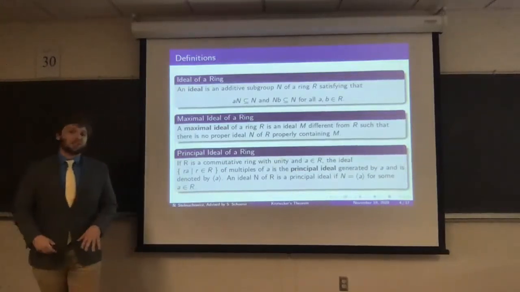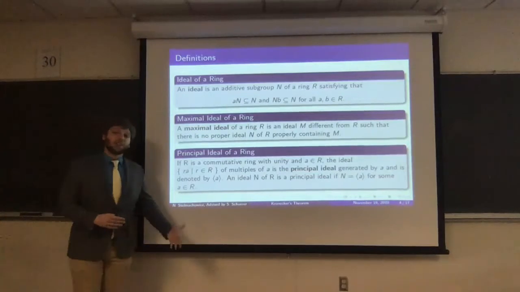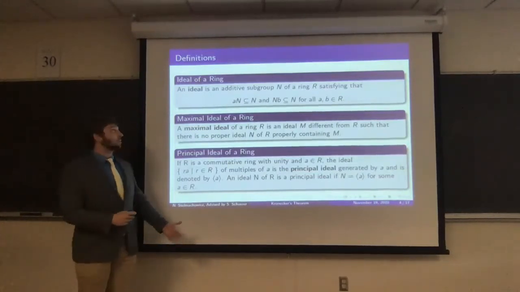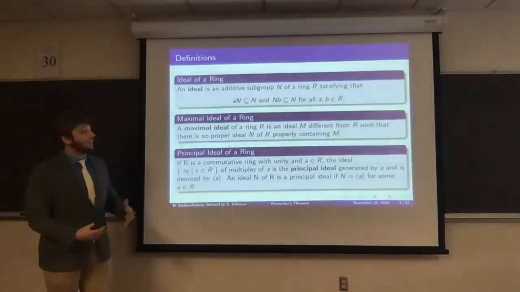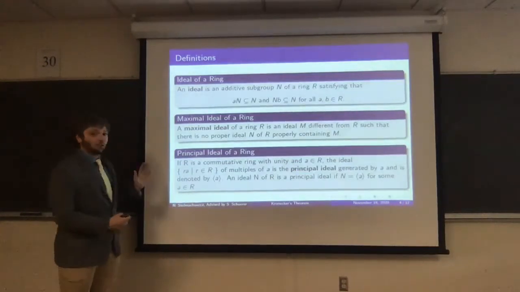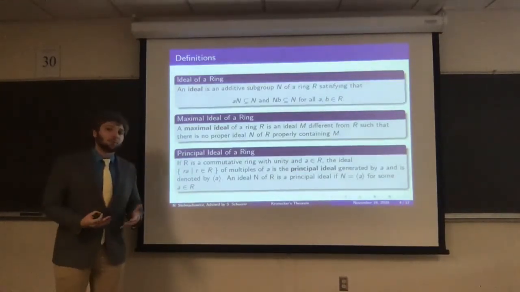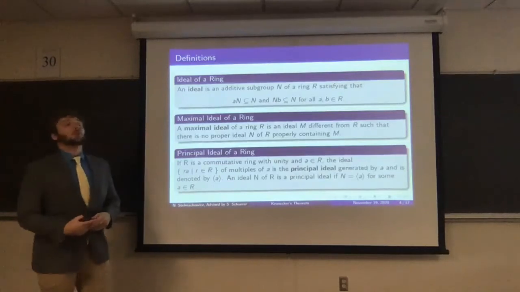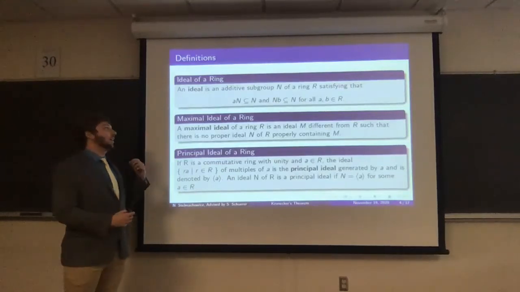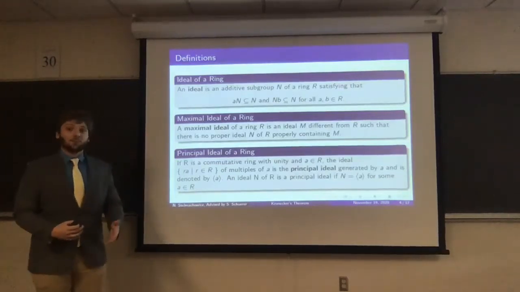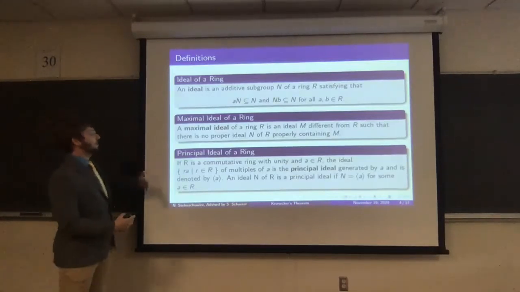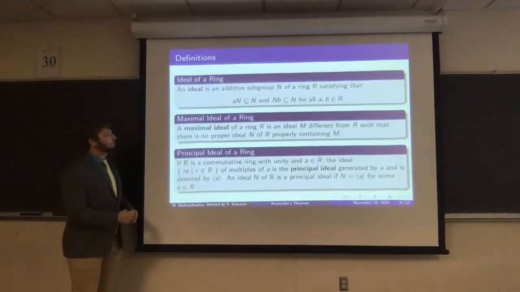All of these definitions have a very similar definition for groups. It's just that these are definitions for rings, which makes them just a little bit more complex. But if you can dig out of your brain some stuff from knowing groups, it'll make these definitions make a lot more sense.